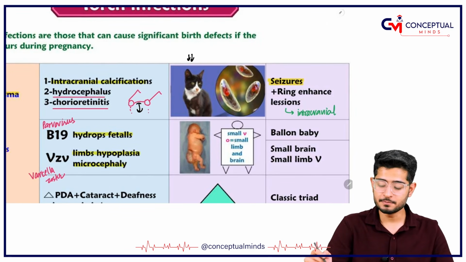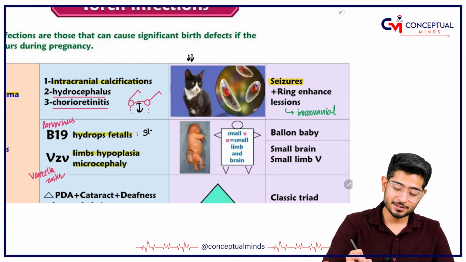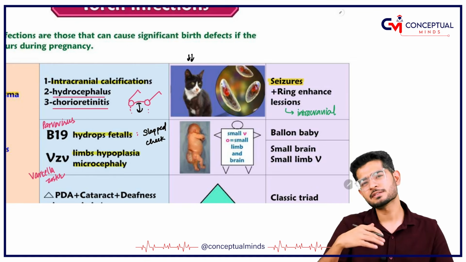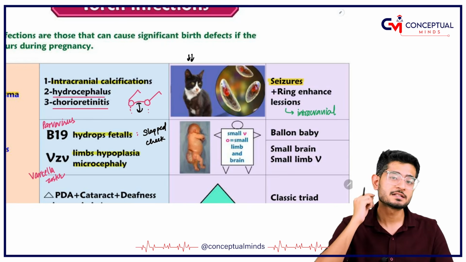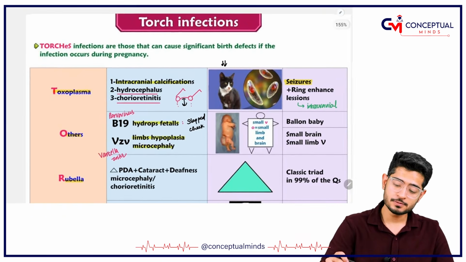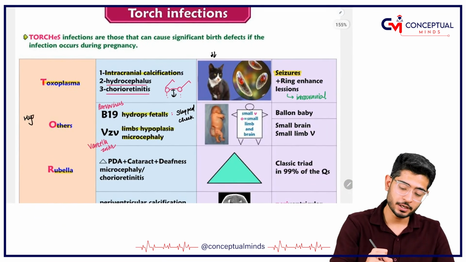So what happens? Parvovirus B19 has a big baby, a balloon baby, with the appearance called slapped cheek appearance. If you have not attended that lecture, just go through it once. Slapped cheek appearance happens when the child is born. But since TORCH are congenital abnormalities, what you will see in that child is hydrops. Hydrops is nothing but fluid accumulation.